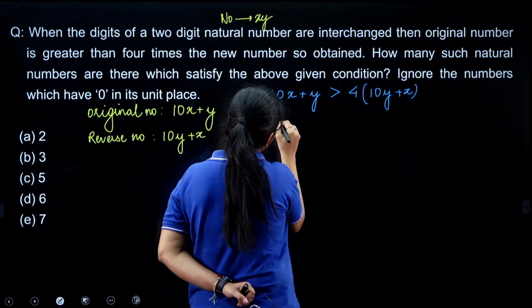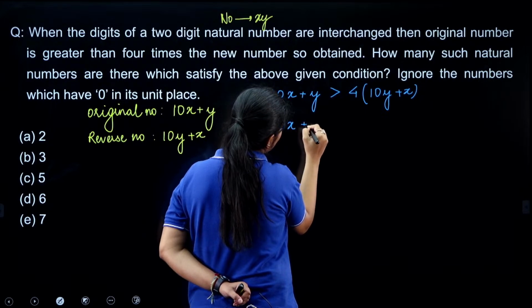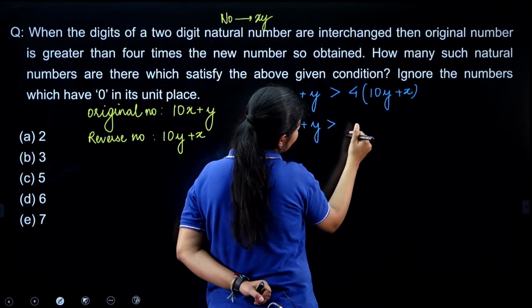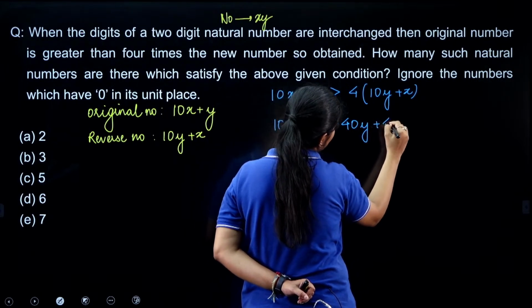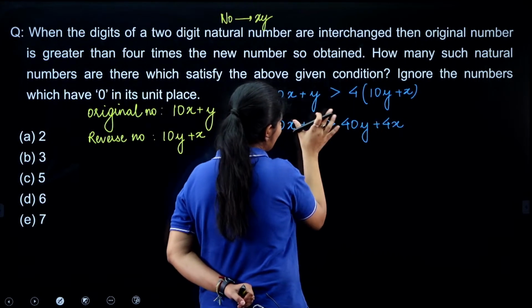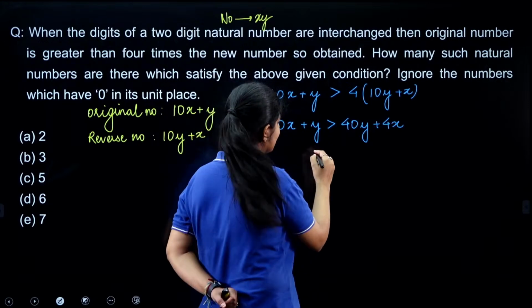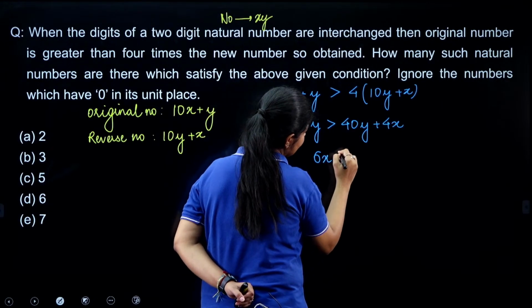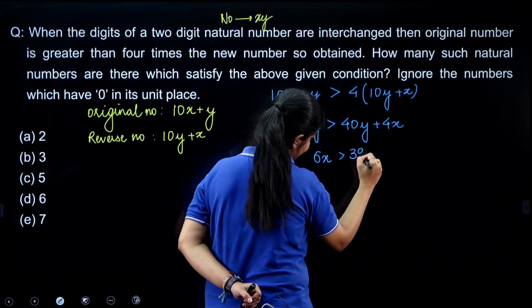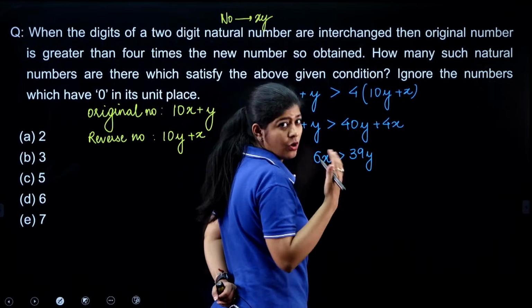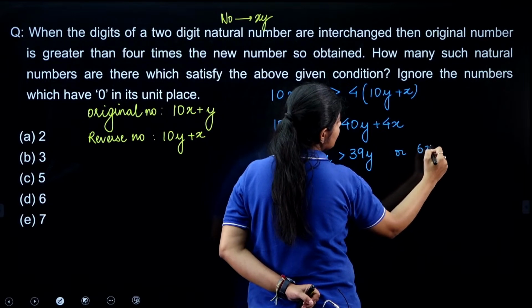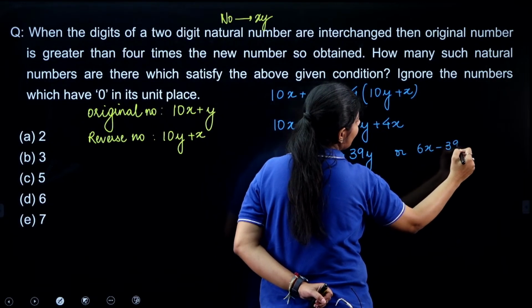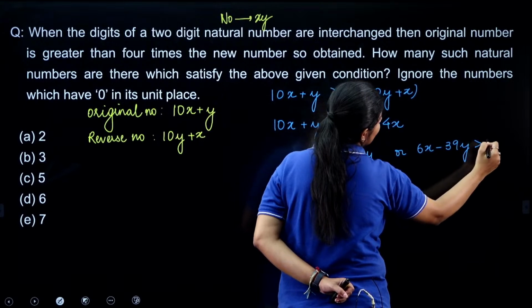So here I can write 10x plus y is greater than 40y plus 4x. If I simplify this, I can say that 6x is greater than 39y, or you can also write it as 6x minus 39y is greater than 0.